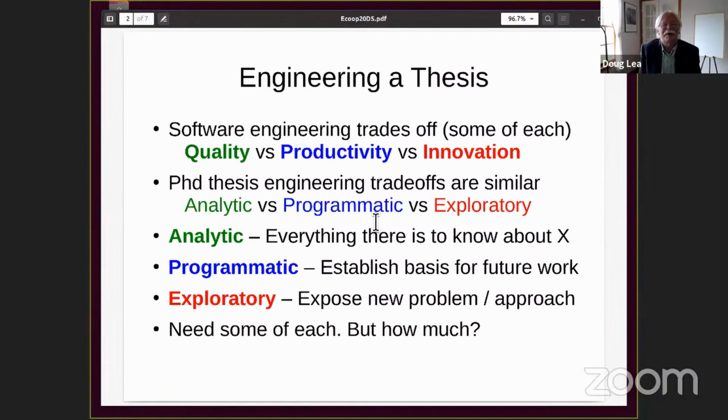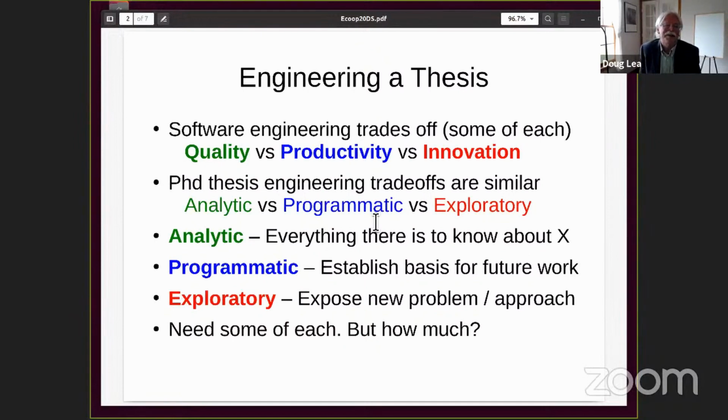The productivity part is building something that you can in turn into programmatic research programs. Creating a basis and then running with it with a series of publications, a series of software releases, and so on. Or the exploratory part where you say, hey, I have this weird, crazy little bit of an idea that I don't think has been done before. Let's flesh it out. And there's some of each in every thesis.